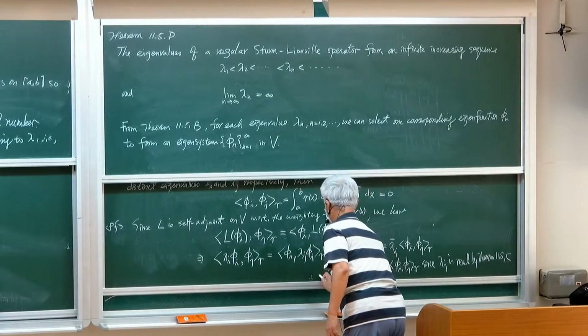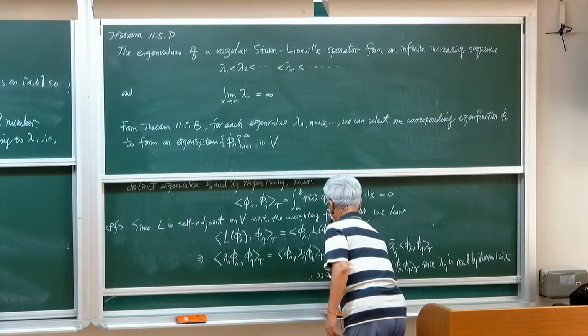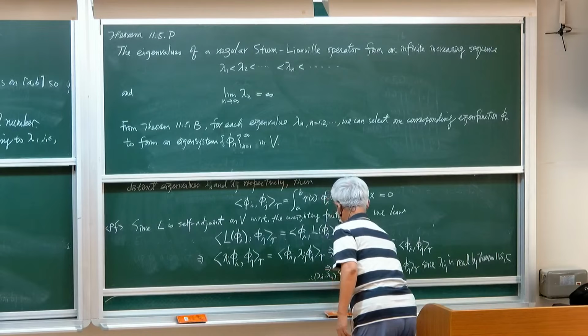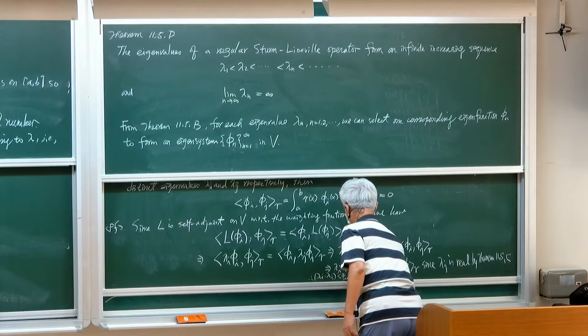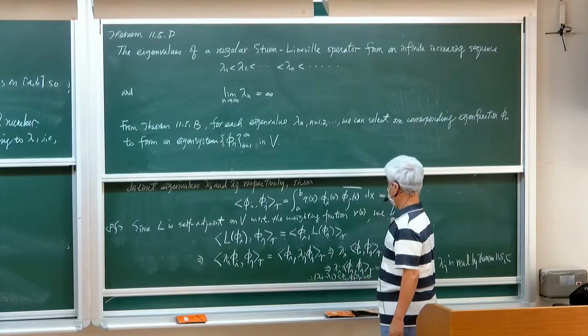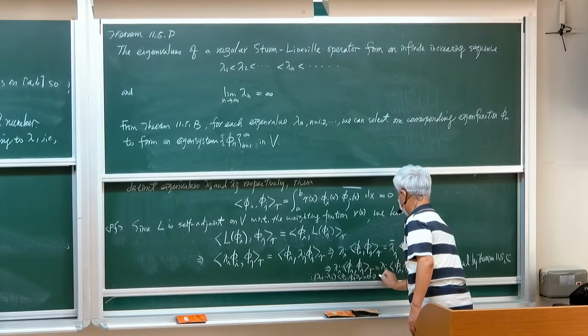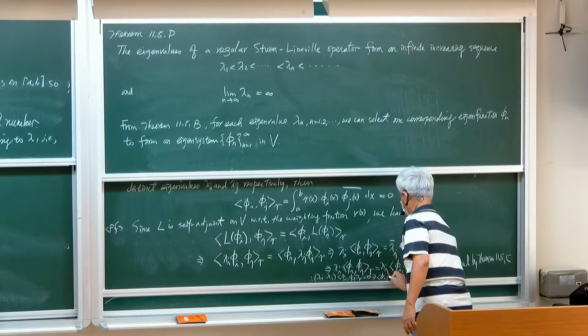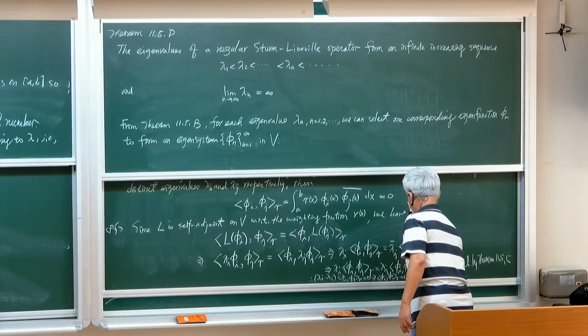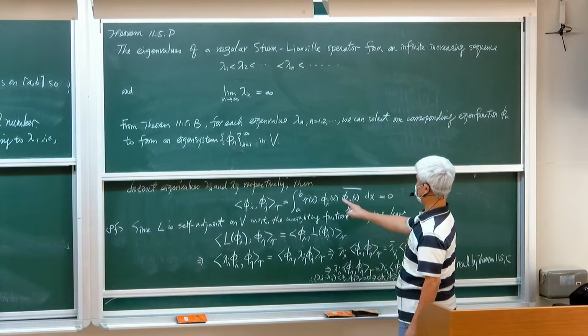And so lambda i minus lambda j times the inner product of phi i and phi j is 0. But the difference is non-zero. So the only possibility is that the inner product of phi i and phi j with weight r is 0. So we prove this result.